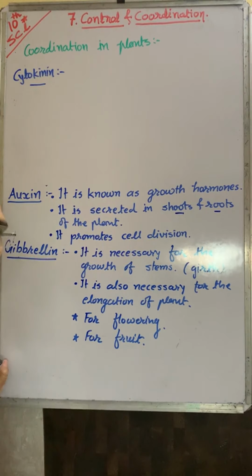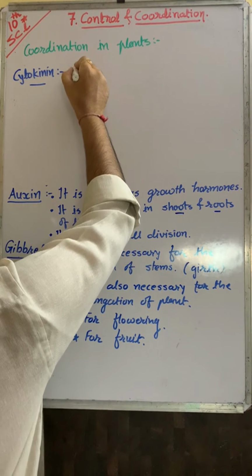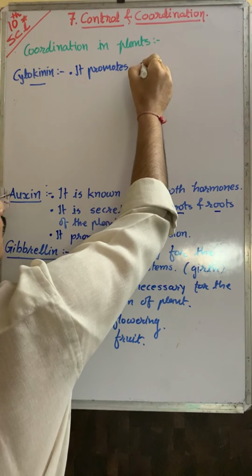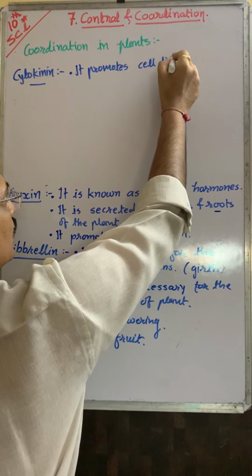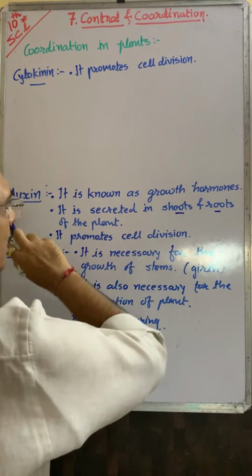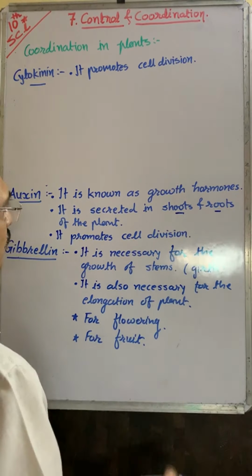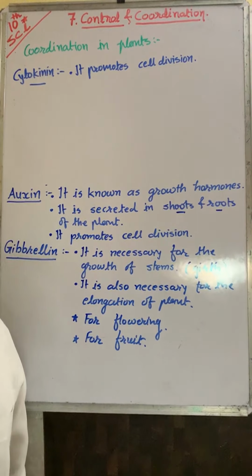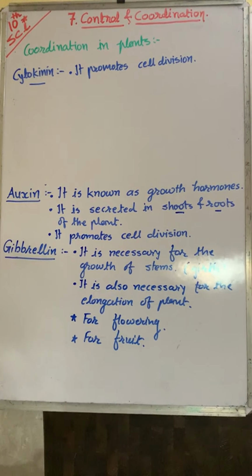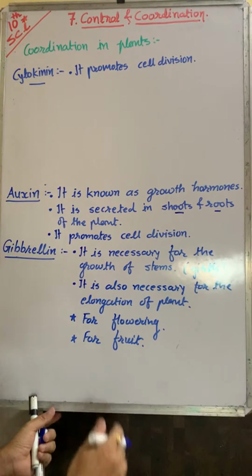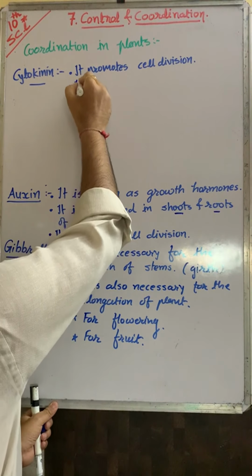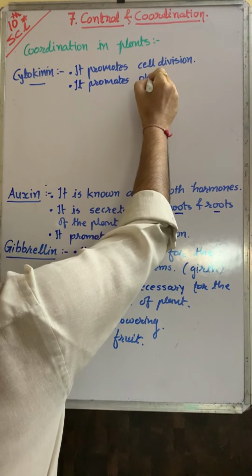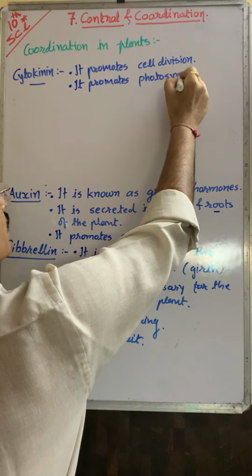Just like auxin, cytokinin also promotes cell division. Auxin promotes cell division in shoot and roots, whereas cytokinin promotes cell division in the remaining part of plant body. Okay? It is also necessary for the photosynthesis. So you can write it promotes photosynthesis.